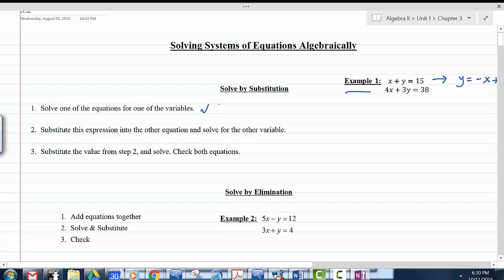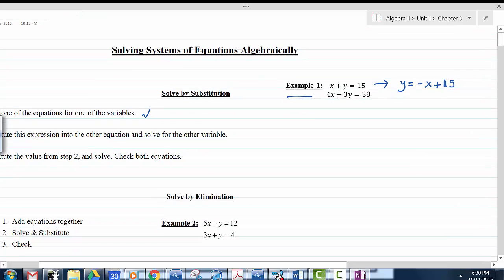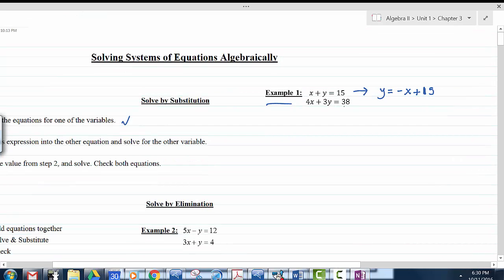Step 1's done. Step 2, substitute this expression into the other equation and solve for the other variable. So I can take this and substitute it here. Now I'm talking about 4x plus 3 times negative x plus 15 equals 38.